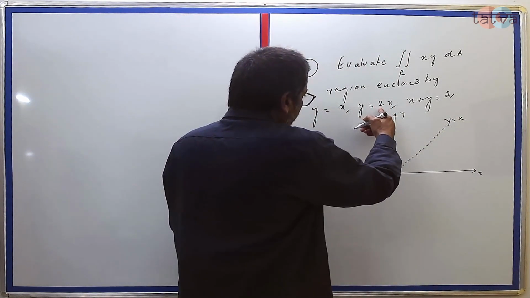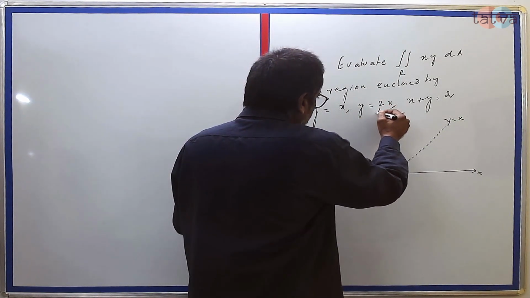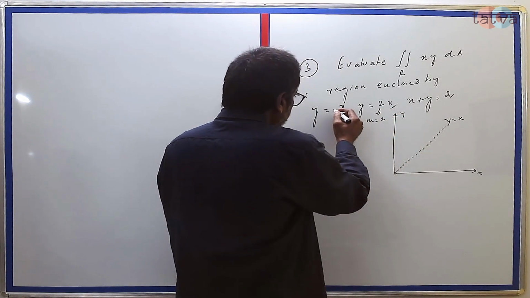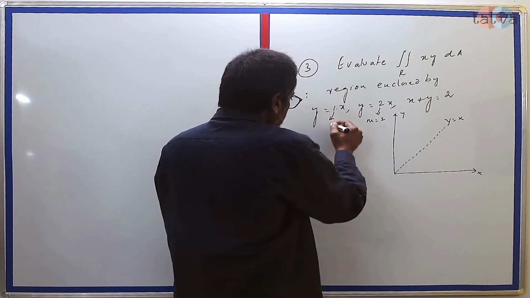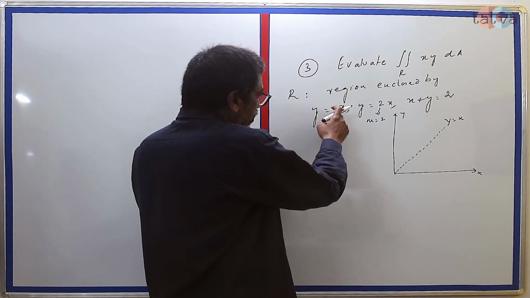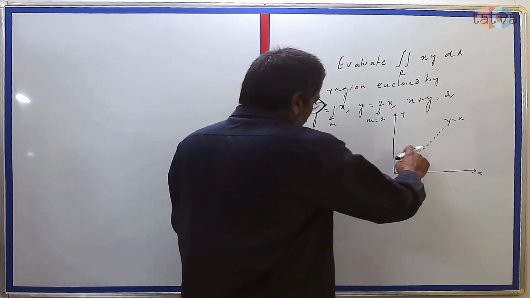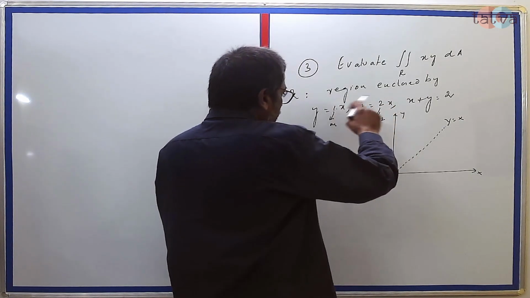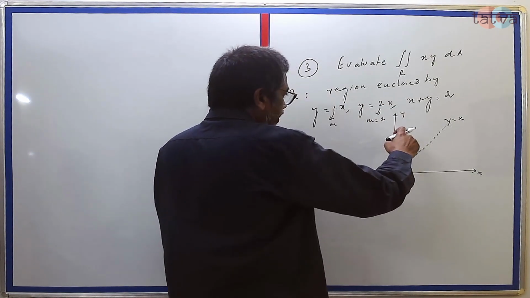Then y is equal to 2x has got a slope 2 which is more than this slope. So we know that the slope is 1 means the angle is 45 degrees. When the slope is more than 1, the angle has to be more than 45 degrees.